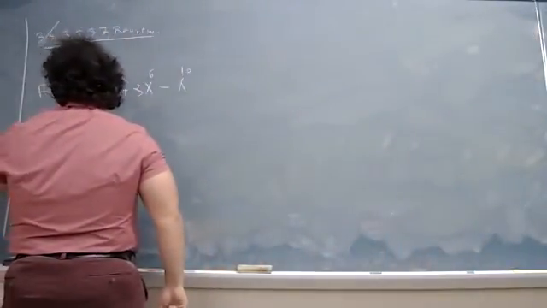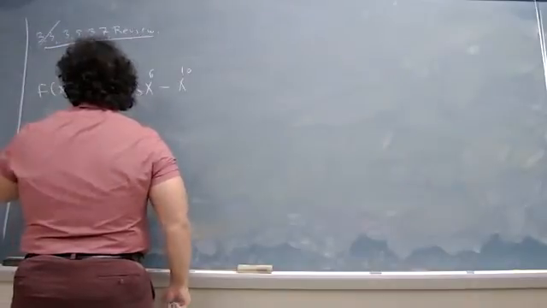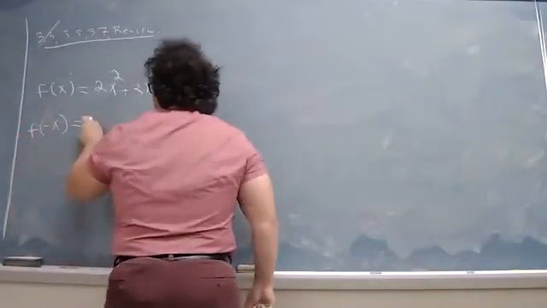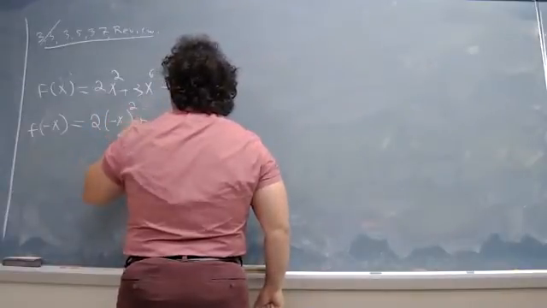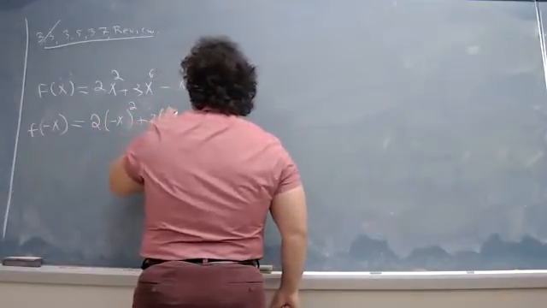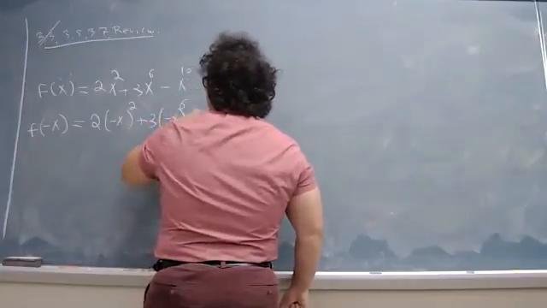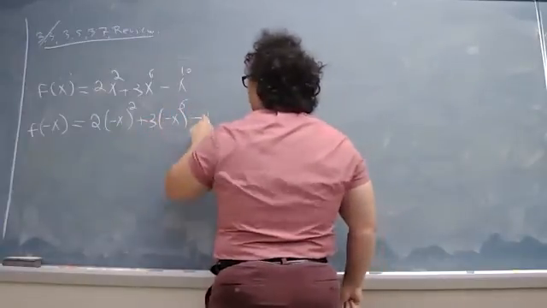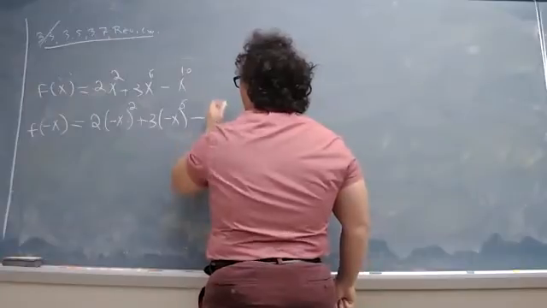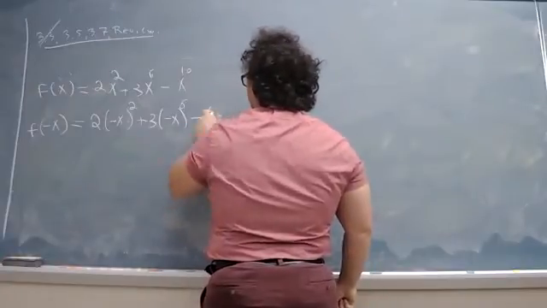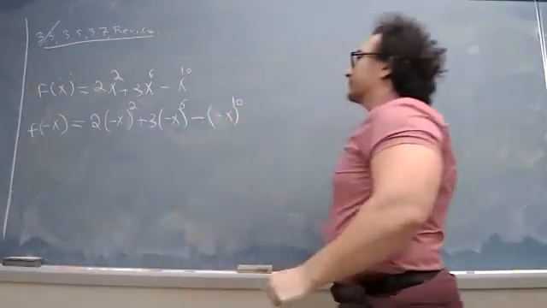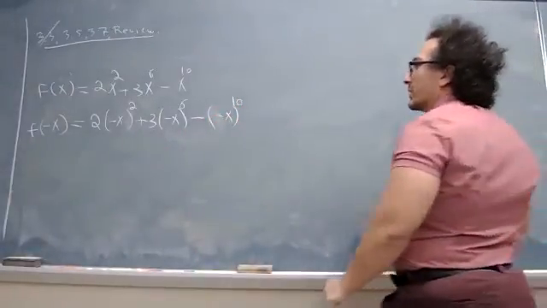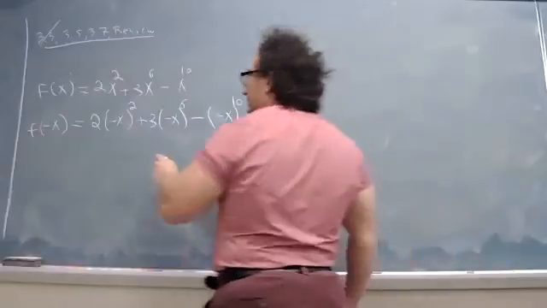Let's see what happens when we do f of negative x. All right. This becomes 2 times negative x quantity squared plus 3 times negative x to the 6th minus negative x to the 10th power. Well, what does this reduce to?